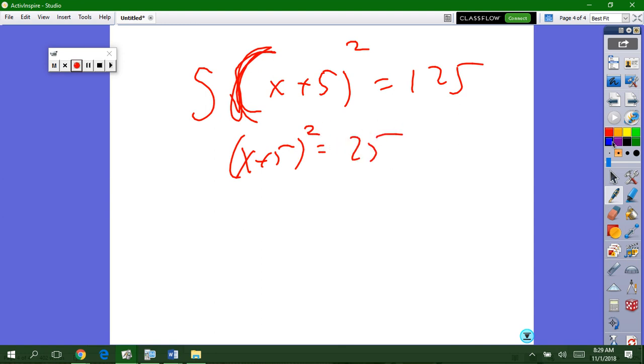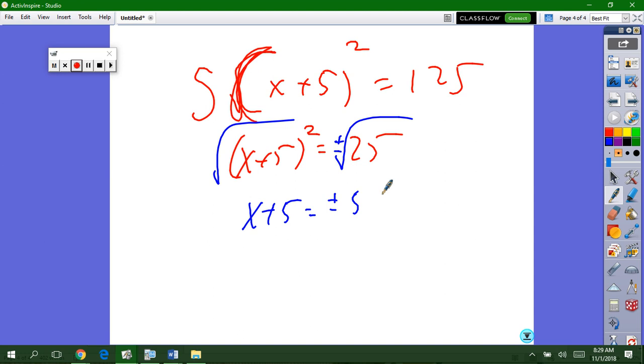Now, right now, I'm being nice to you guys and giving you a nice answer. Are they always going to be nice? Probably not. How do I get rid of a squared? I physically take the square root. When I personally do that, what needs to happen? Plus or minus. So now I have x plus 5 equals plus or minus 5.